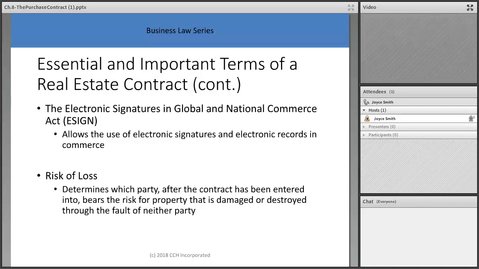Risk of loss. Determines which party after the contract has been entered into bears the risk for the property that is damaged or destroyed. Who's going to get the benefit of the insurance proceeds if the property is damaged or destroyed? And there's contract provisions in these purchase contracts. Who's going to do all that? Most of us, when we buy a house, we assume we're going to take over the insurance the day we buy it. And we have to bring usually proof of insurance when we go to our closing.